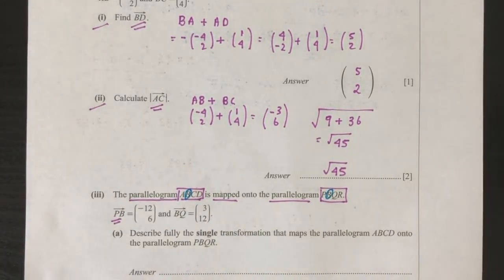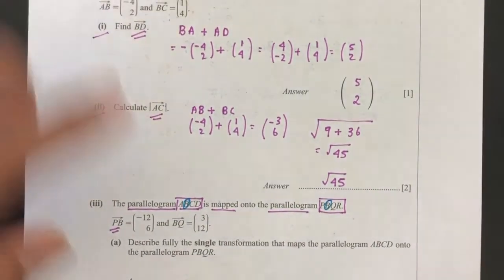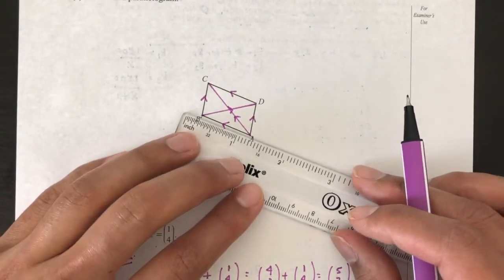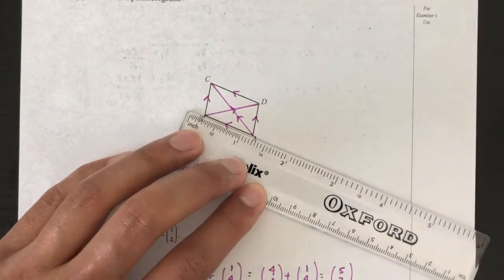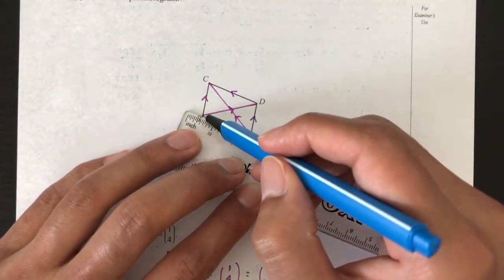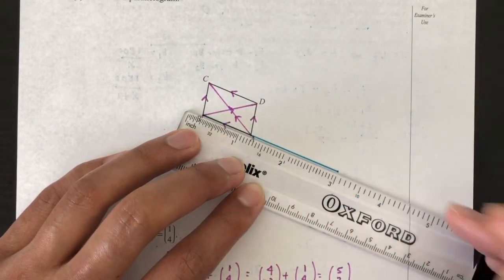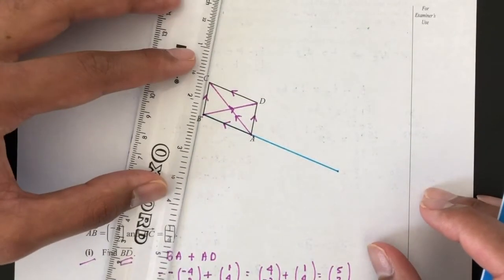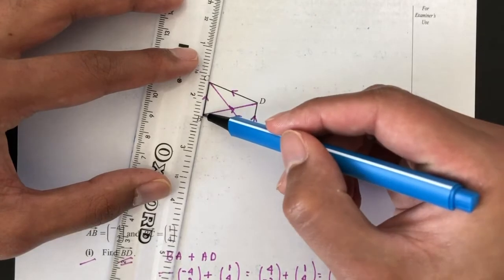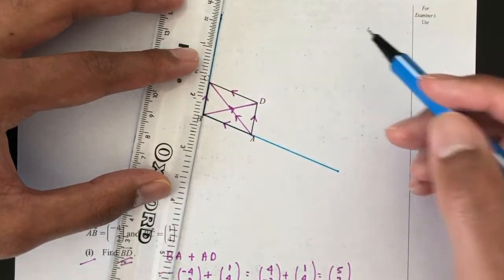From what I can understand, the point B did not move, so P will be somewhere around here, and somewhere on this side.